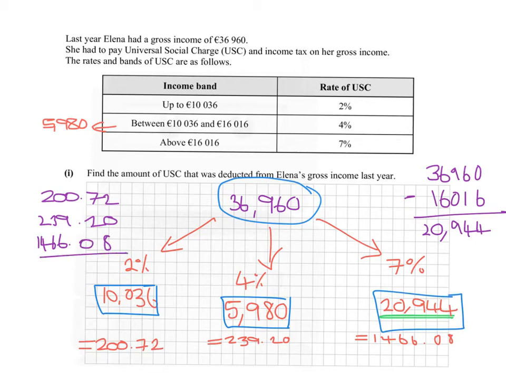And when we add those three numbers up together, we end up getting 1,906. So that's the total USC that was deducted from her gross income.